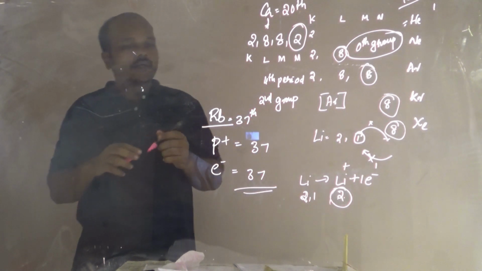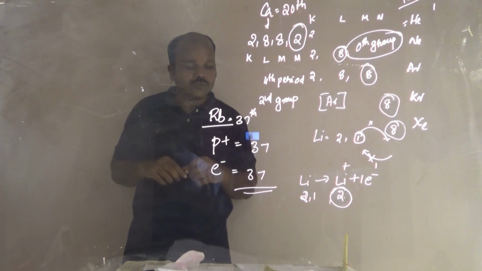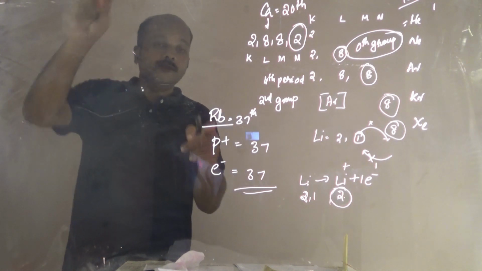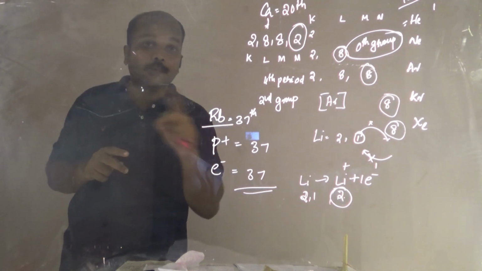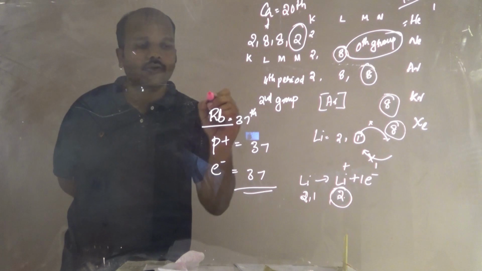Now, if you know its group and period, you can easily write its electronic configuration.